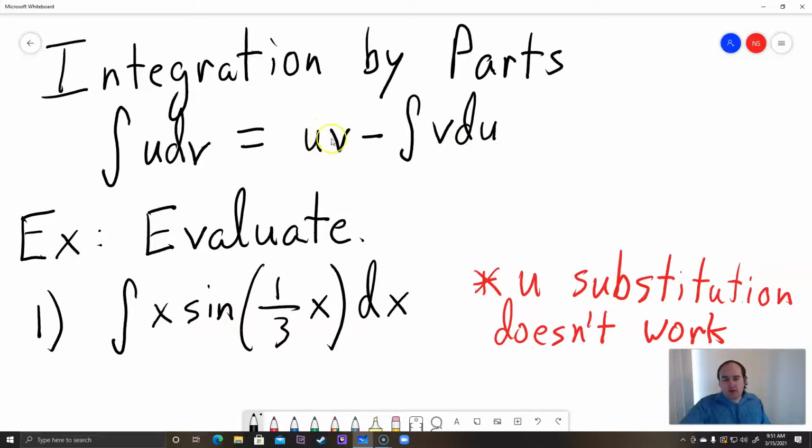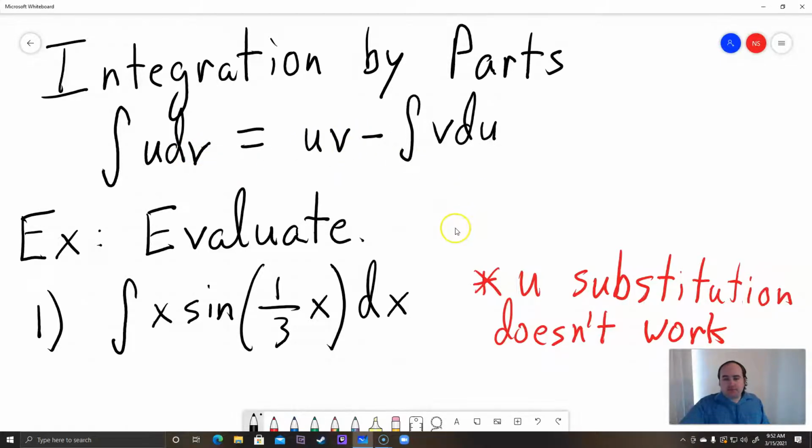Generally you want to choose u to be something that's easy to take the derivative of, and even more importantly, you want dv to be something easy to take the integral of. Because we only have u and dv, so to get du, we're going to have to take the derivative of u, and then to get v, we're going to have to take the integral of dv.